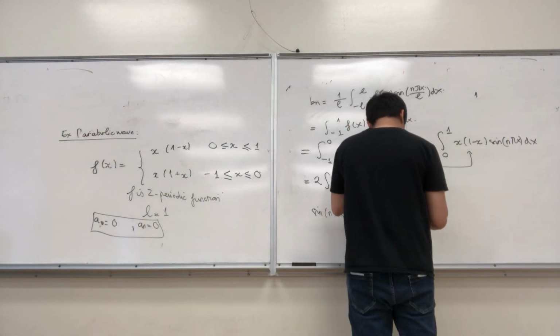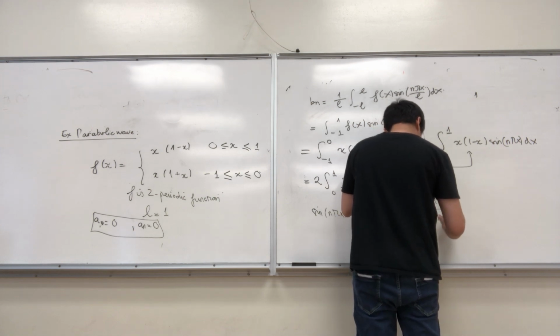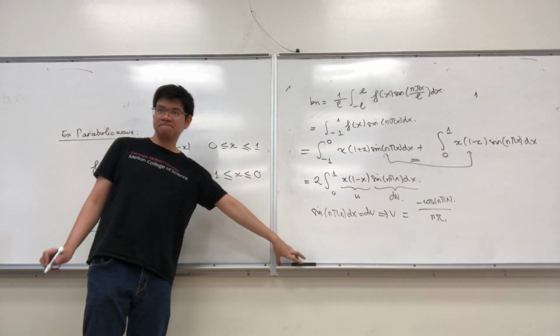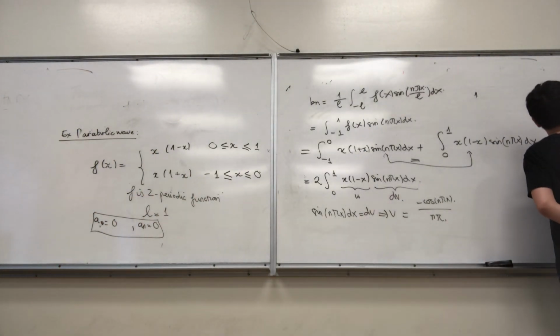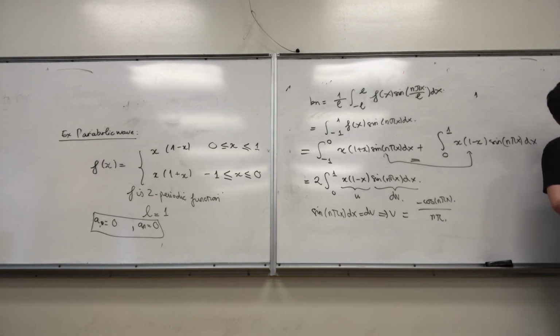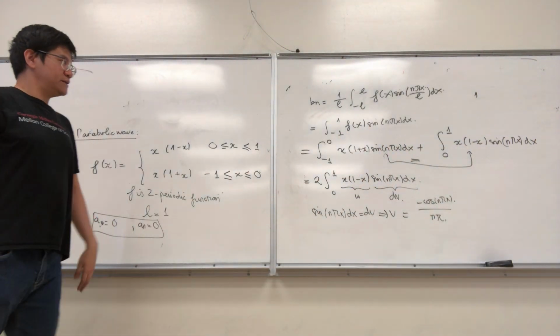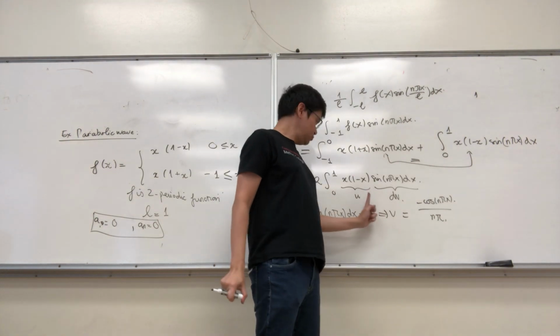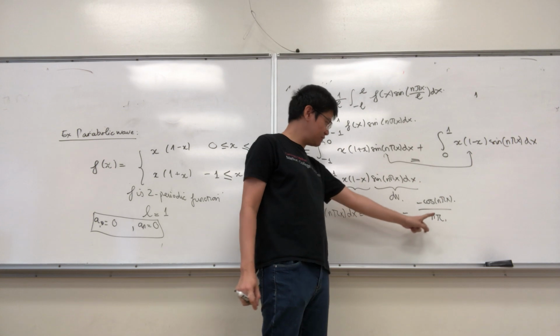So v will be minus cos(n pi x) over n pi. So now I'm going to use the formula. The integral from 0 to 1 of u dv will be uv, I evaluate at 0 and 1, and now I take minus the integral from 0 to 1 of v du. So I'm going to use that formula for this u that I have here, which is x(1 minus x), and for the v that I found here.